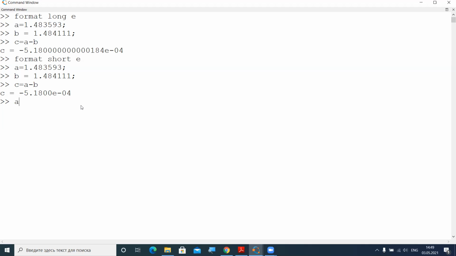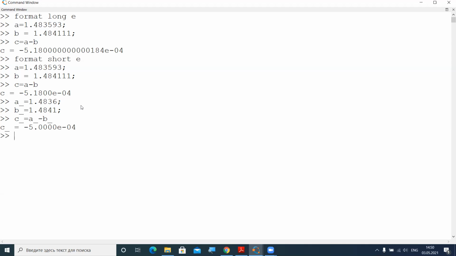Let's denote a underline, which equals 1.4836 after rounding, not 1.4835. And then the new b underline is now 1.4841. And now let's find new c underline.